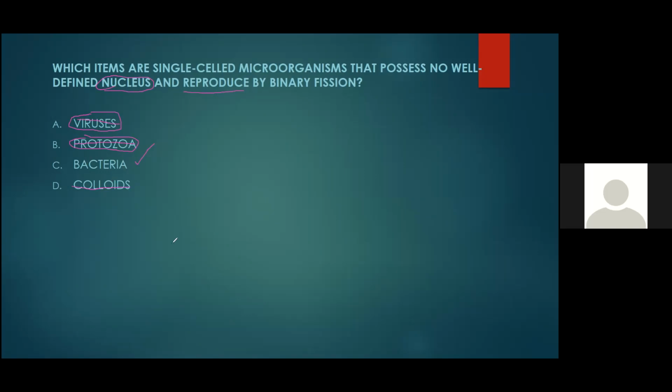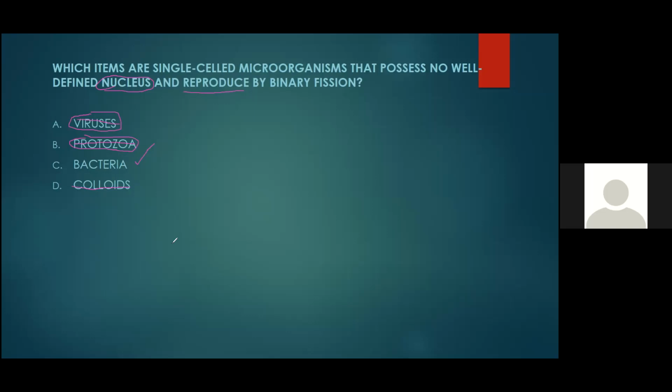The thing to think about here is single-celled and not well-defined. That is your key when you write your test. Binary fission too, that's how it reproduces. Bacteria is your most simple form. Protozoa are a bit more advanced.